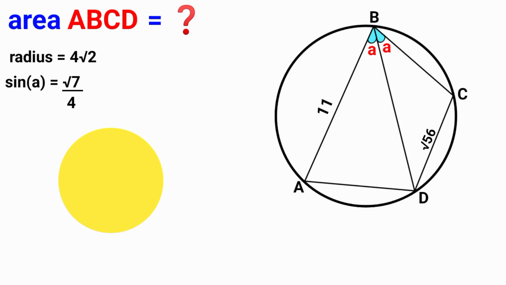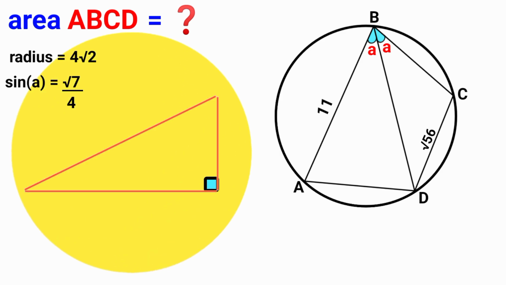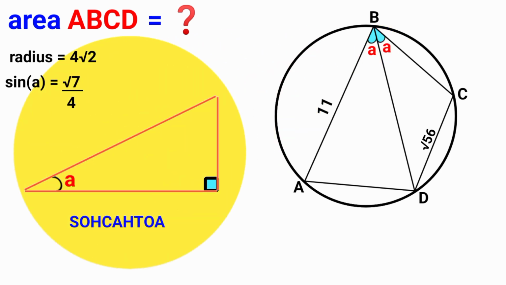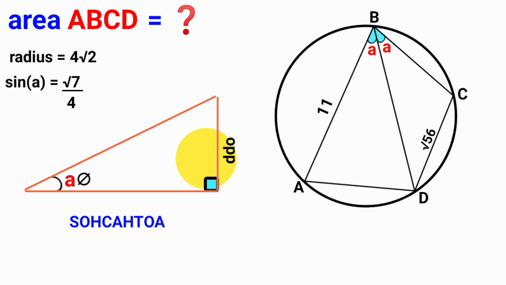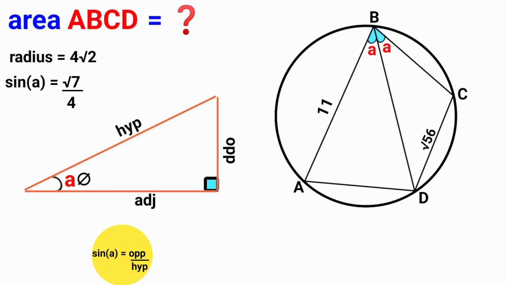Keep it aside. Now assuming we have a right angle triangle with one of its angles to be the same size as this A, using the circle tool on the triangle, take this angle as theta. This is the opposite, this is the adjacent, and this is the hypotenuse. From here, sin theta equal to opposite over hypotenuse. Theta is A, so sin A equal to opposite over hypotenuse.